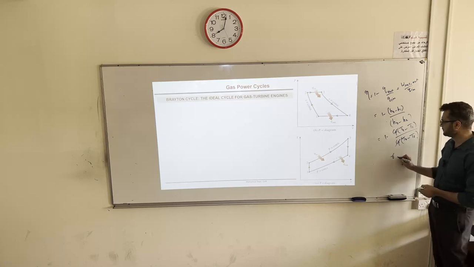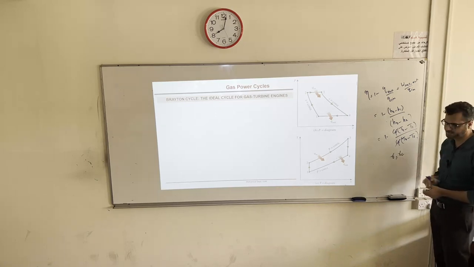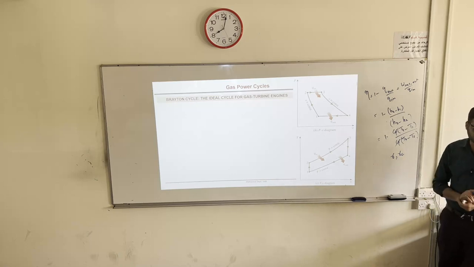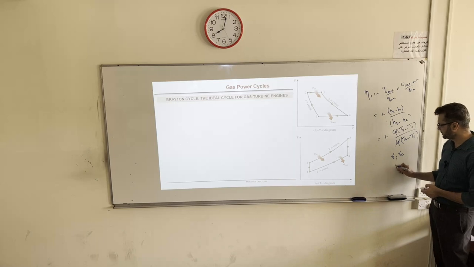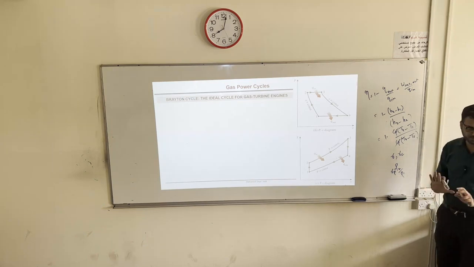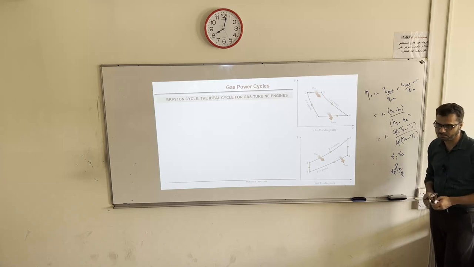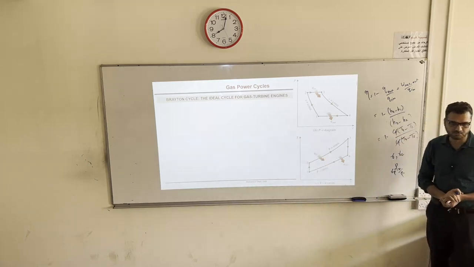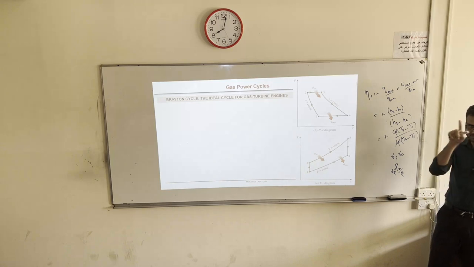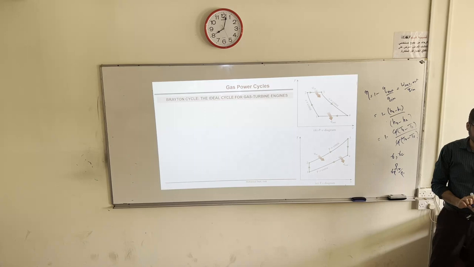In the case of the diesel engine, we have r and r_c, the cutoff ratio. Both were volume ratios. But here we'll have the pressure ratio, Rp, P2 over P1 or P3 over P4, because the cycle is different. It's a steady flow process. There are no constant volume processes because there was a piston-cylinder mechanism; here it's a continuous flow process.